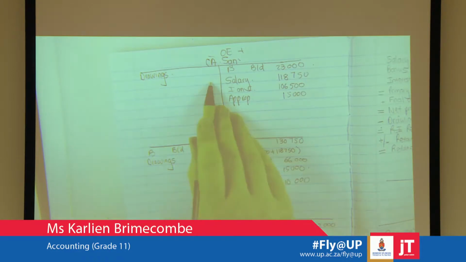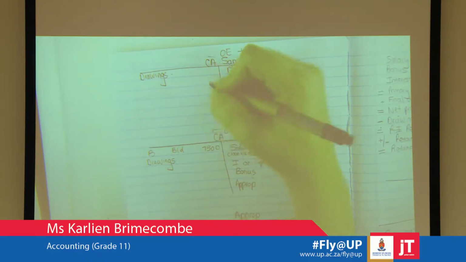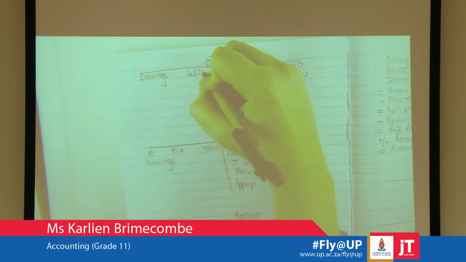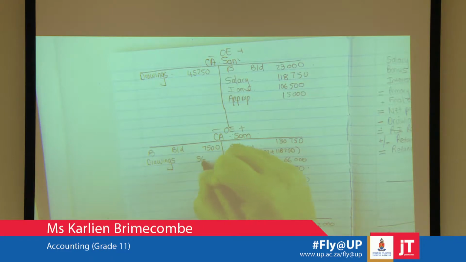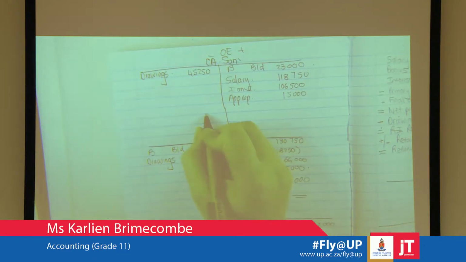So the drawings for Sam, 45 to 50. For Sam, 56 to 50.